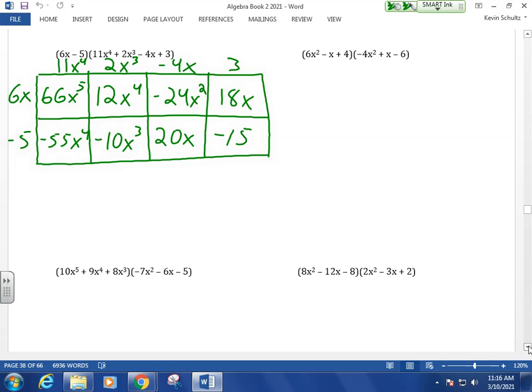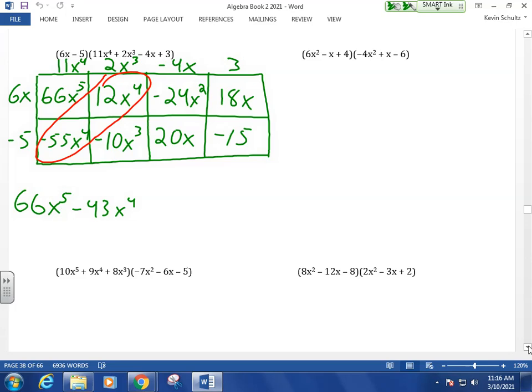And you'll notice when I start to write my final answer here, standard form, I'm going to start way over here on the left side of my page because this answer is going to be long. Got a lot of terms here. 66x to the fifth is my only power of 5. But I do have 2 x to the fourths I can combine. Negative 55 and positive 12 is a negative 43x to the fourth.